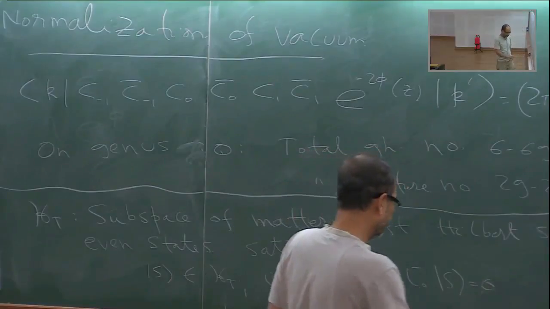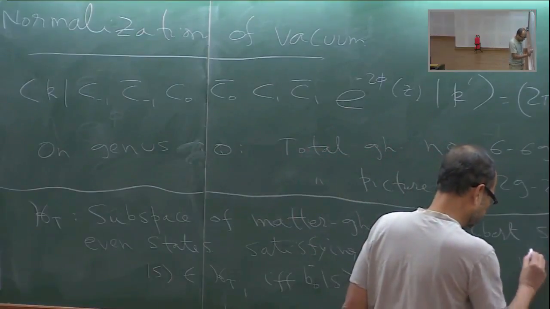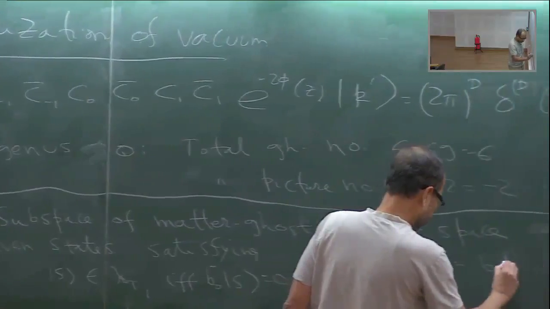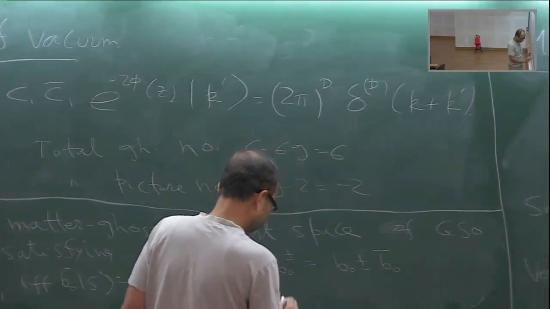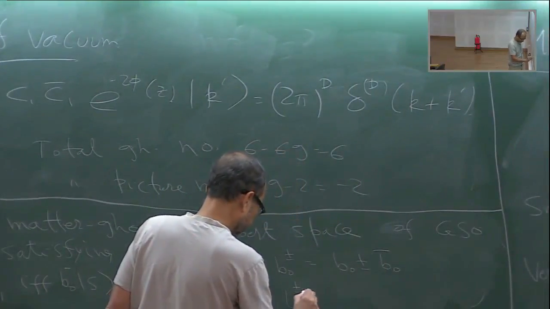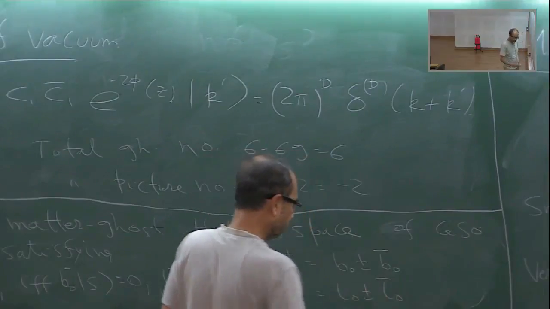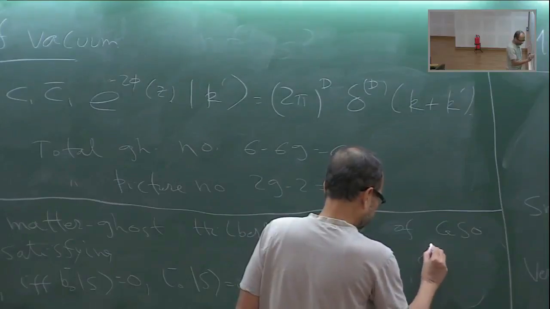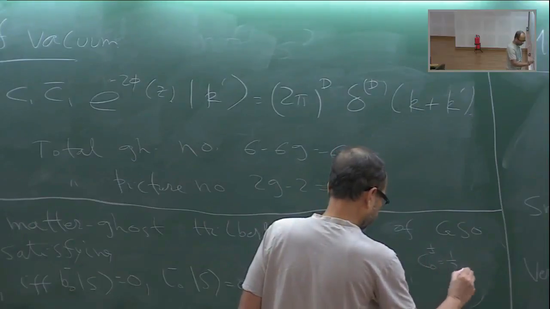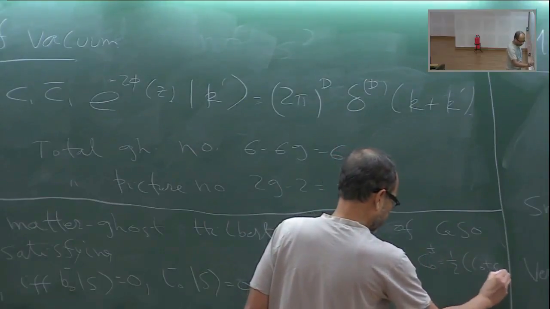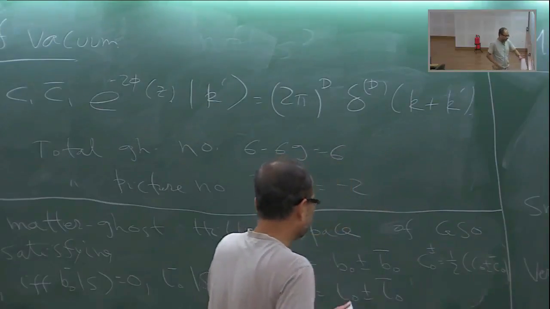Okay, so what is B0 minus? So B0 plus minus will be defined as B0 plus minus B0 bar. And let me also add the definition, C0 plus minus is half C0 plus minus C0 bar. So the Ln's are the Virasoro generators.